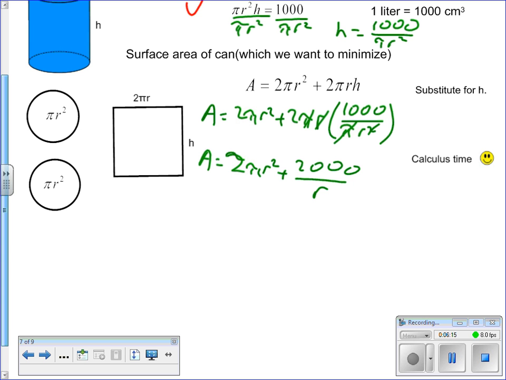All I've done is take the area and make it into one variable. Now you begin your calculus. It's only one step in this whole problem that's technically calculus: taking the derivative. When in doubt, take the derivative, set it equal to 0. A prime equals 4 pi r minus 2,000 over r squared.